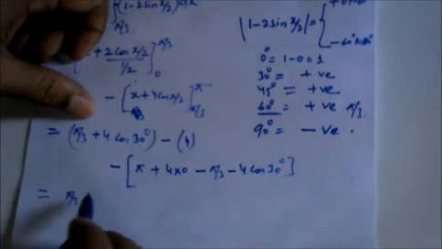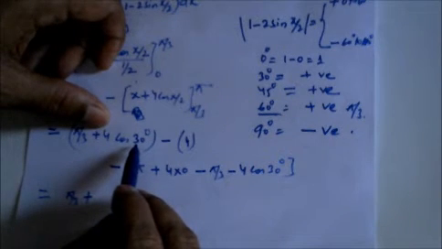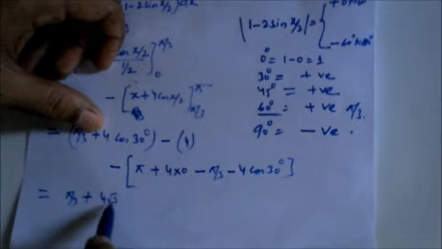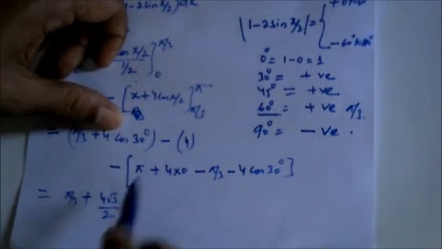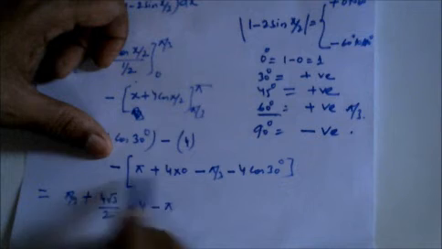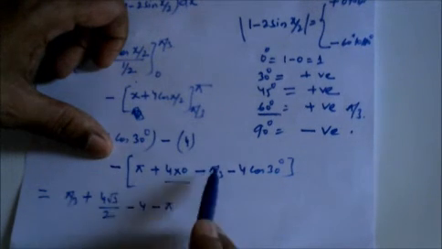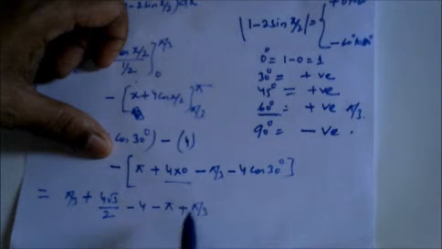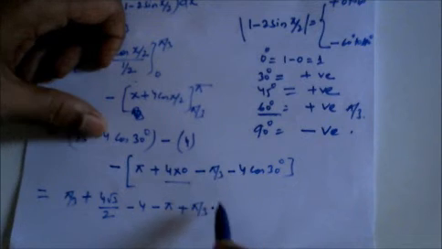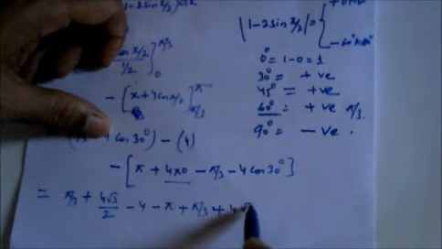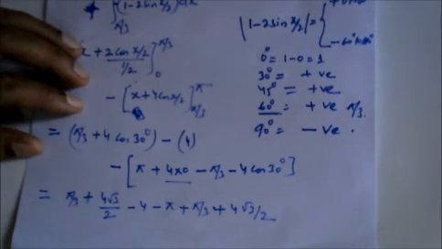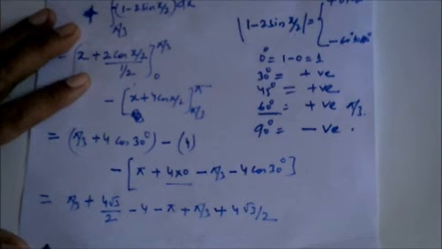So okay, pi by 3 plus 4 cos 30 degree, and cos 30 degree is equal to what? Root 3 by 2. Okay, yes. So 4 root 3 by 2 and minus 4, then here it is becoming minus pi minus 0, so this has become 0, and minus minus has become plus pi by 3. Okay, and this minus has become plus 4 root 3 by 2. Okay, right.